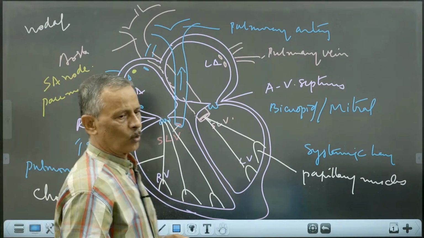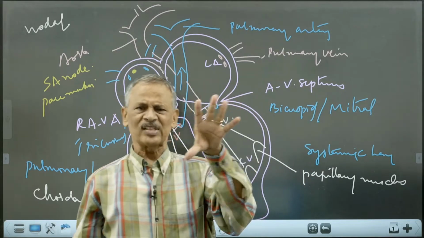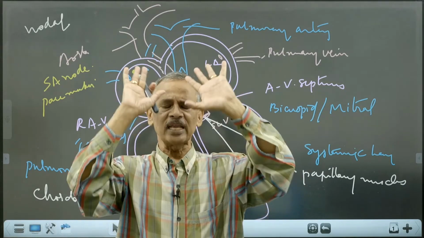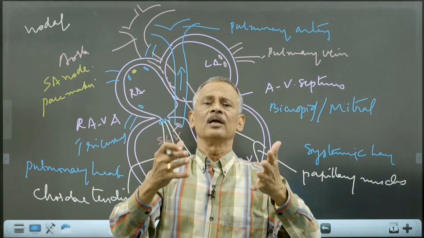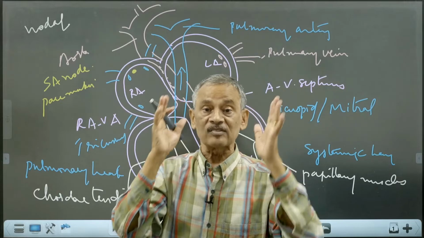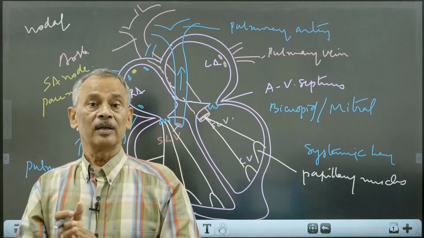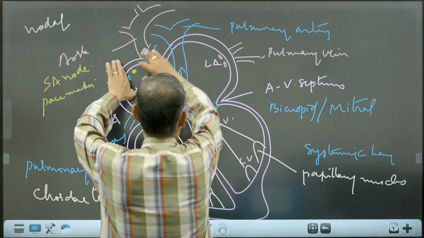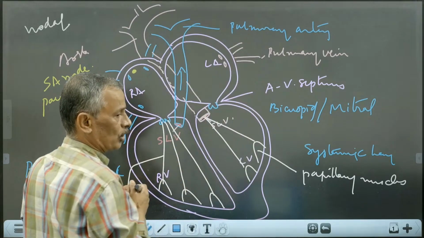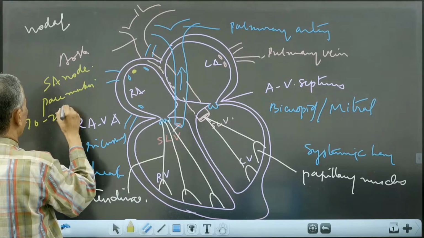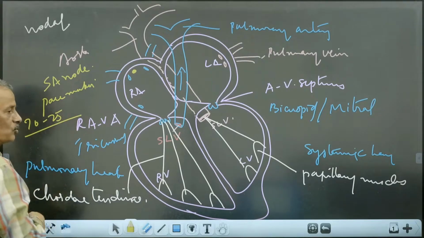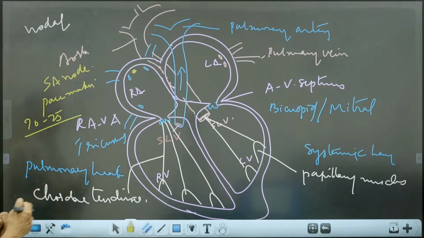It will produce signals by itself. There is no need of any external stimuli. Even without any external stimuli, electrical signals are produced automatically within. That will spread through the whole wall of the atria quickly, 70 to 75 times per minute. So we take the average 72.